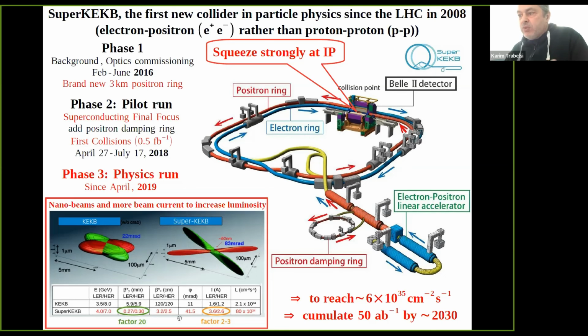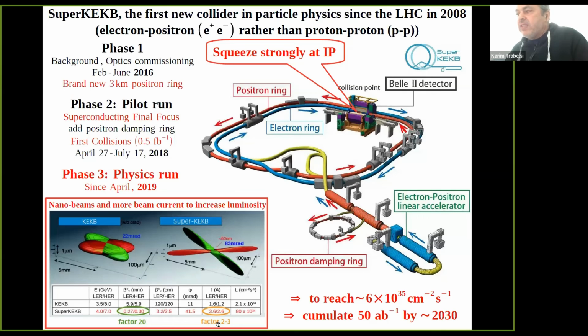There are two components actually. The squeezing of the beam by a factor of 20 is the most important ingredient to reach this factor of 50.